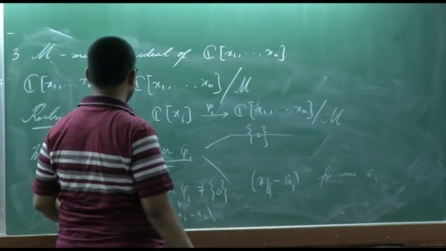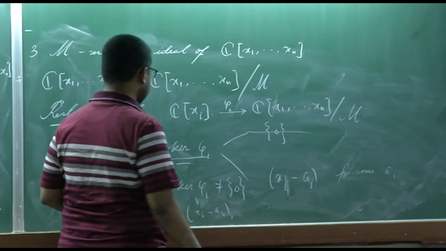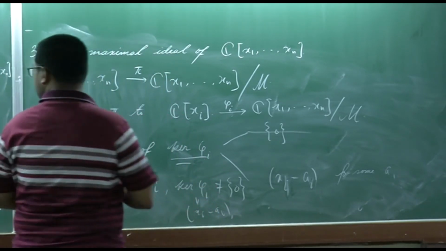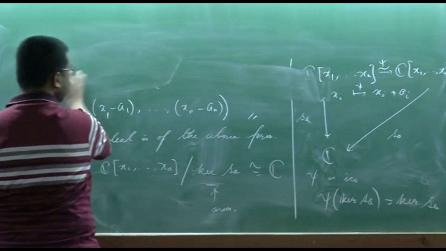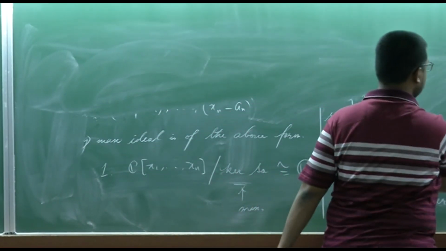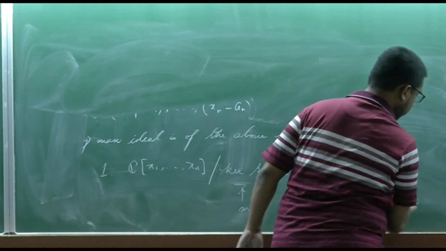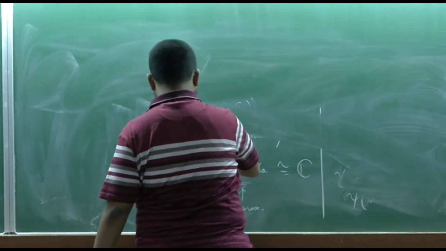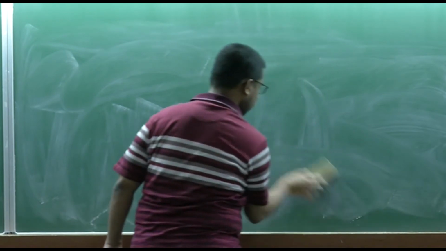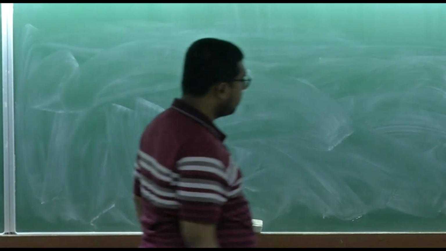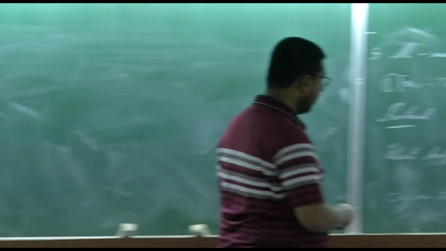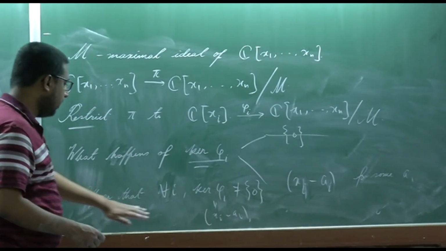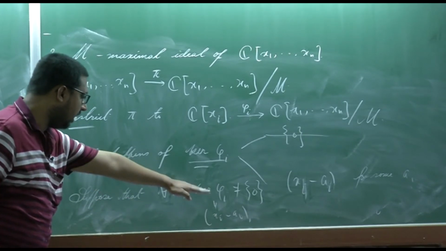Suppose I can show that for no i the kernel of phi i is trivial.